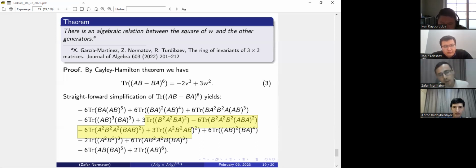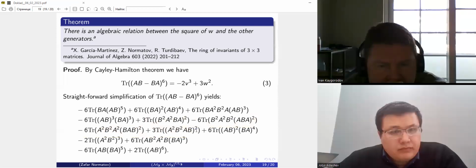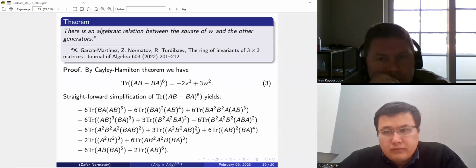And our proof step is to express all these traces in terms of the 11 generators. To express these traces in terms of generators, we use the Cayley-Hamilton theorem actually. No, Poisson structure actually. Ну ладно.